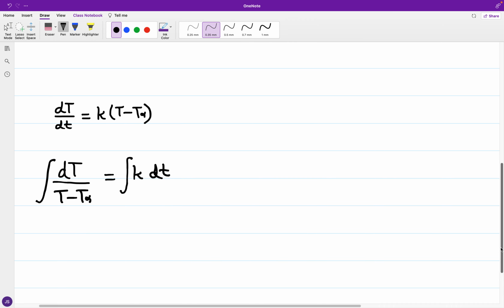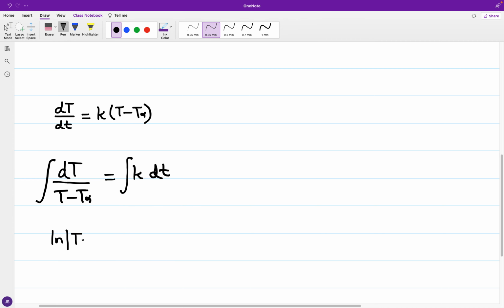With the variables separated, we can go ahead and integrate. For the dependent variable, we have the reciprocal of the expression in the variable T for temperature, and the antiderivative is going to be a natural logarithm.